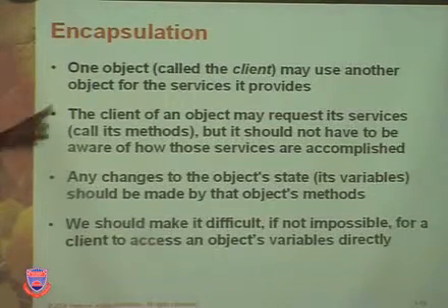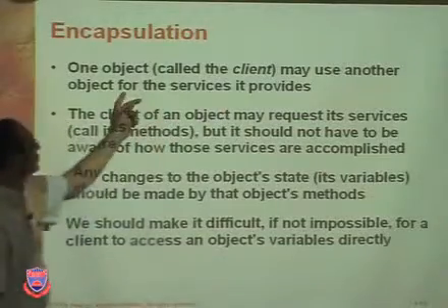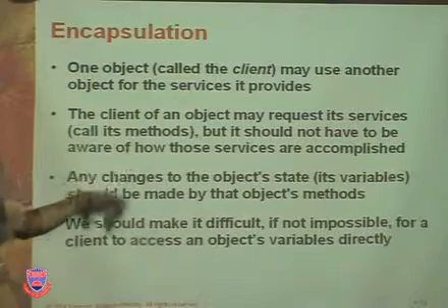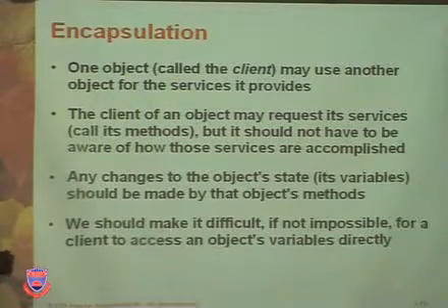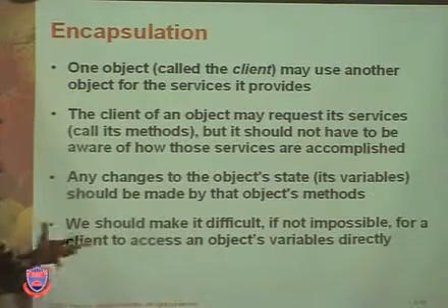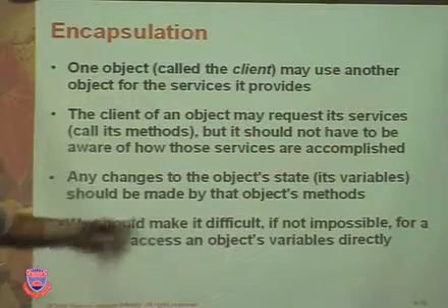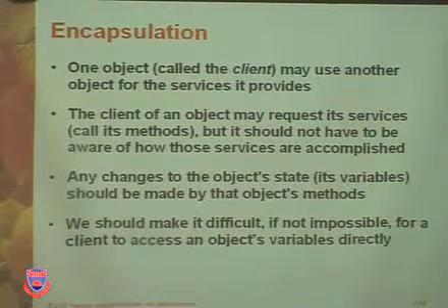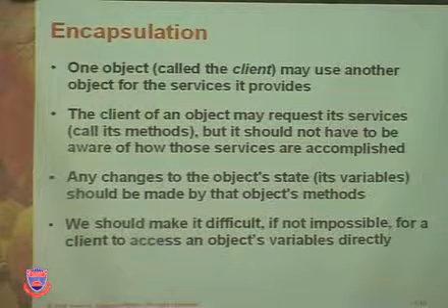So one object called the client may use another object for the services that it provides, and the client will request these services by calling the public methods that are available. And any changes of the state within the object will only be available if a method provides this as a result of the call.